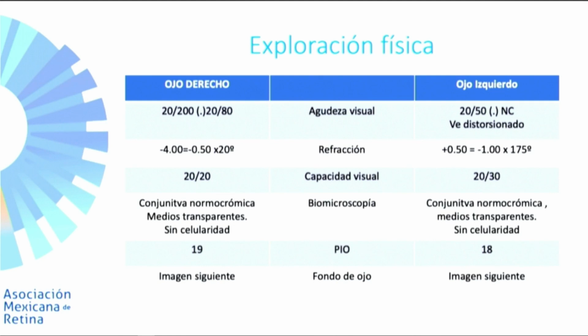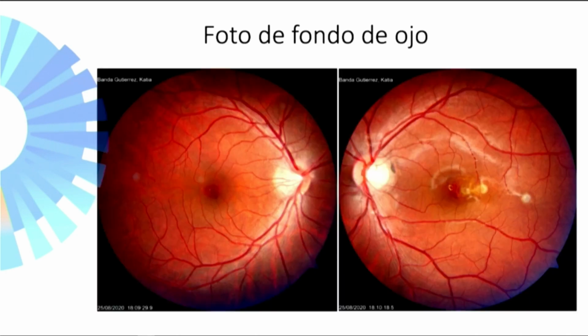Biomacroscopy, no relevant findings. We see some retrokeratic deposits, cellularity. On the fundus, we see that on the right eye, the oblique papilla can be seen, and the rest of the image shows no alterations.